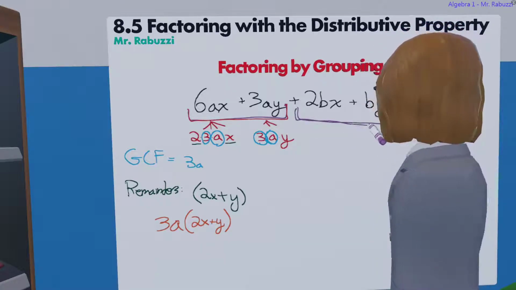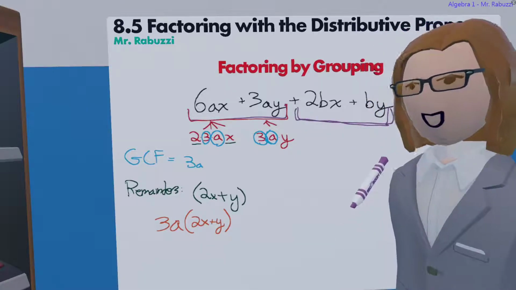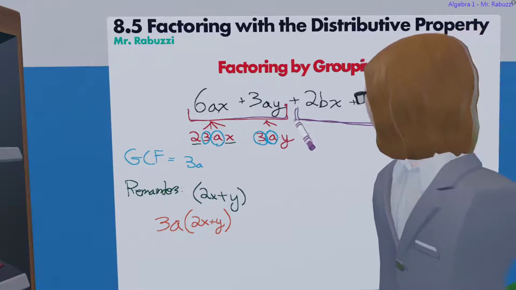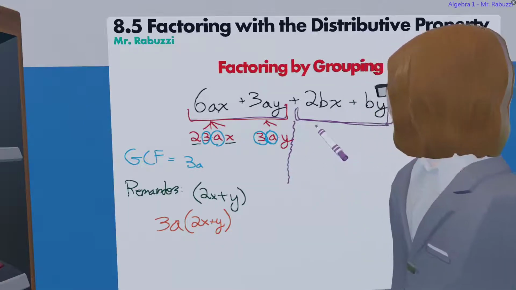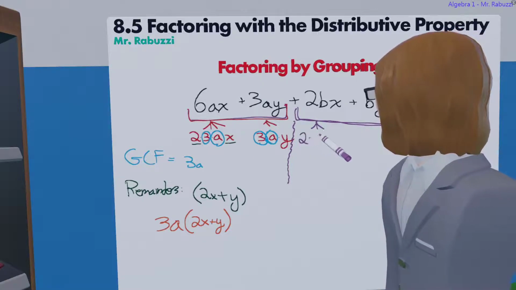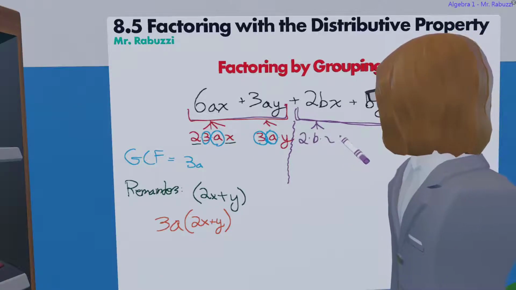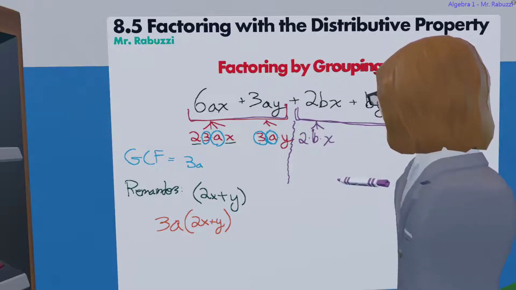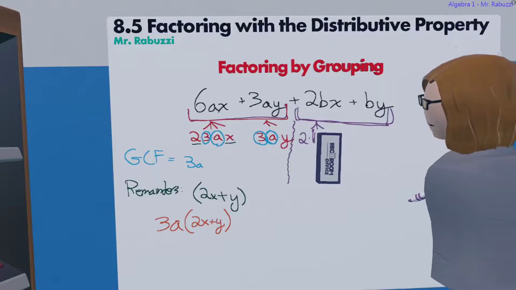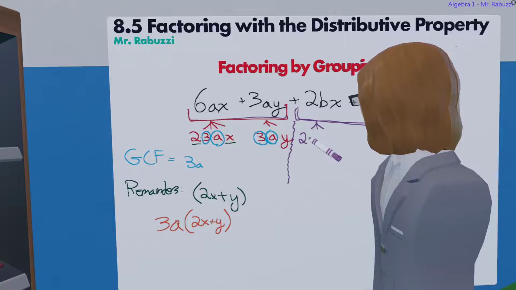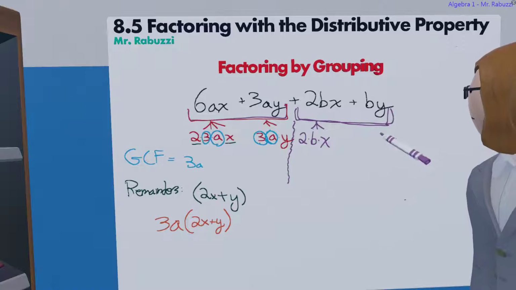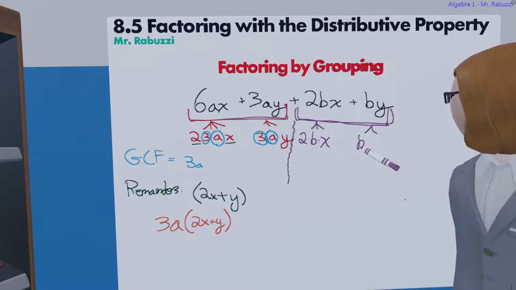Okay, so now we have to do the same thing for the other group. Now we have 2bx plus by. So let's factor. 2bx, I can split that into 2 times b times x. Those are the prime factors. Then I can factor by into b times y.